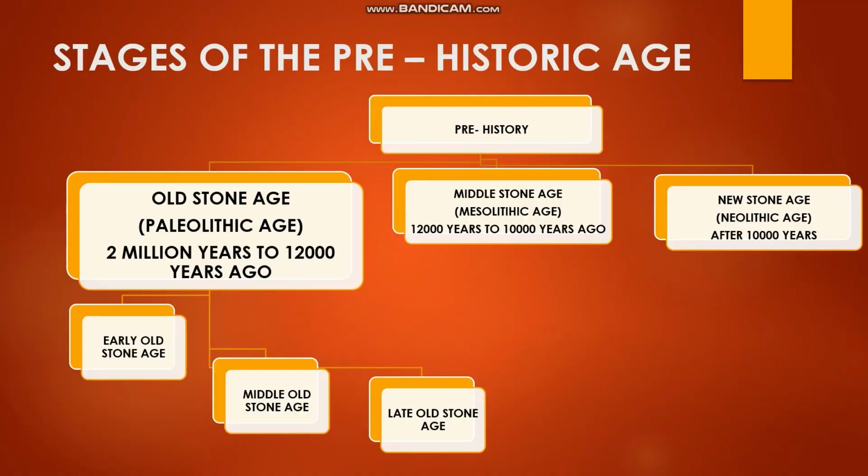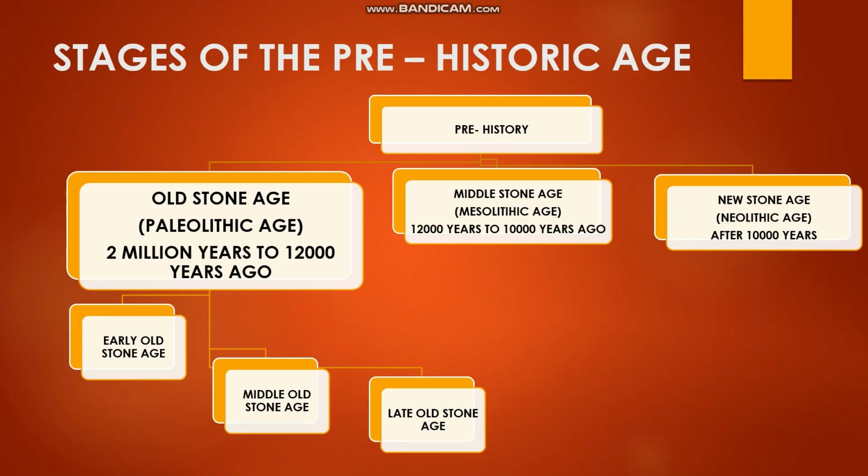The stages of prehistoric age are divided into 3, that is Old Stone Age or Paleolithic Age, Middle Stone Age or Mesolithic Age, New Stone Age or Neolithic Age. The Old Stone Age or Paleolithic Age prevailed from 2 million years to 12,000 years ago, whereas Mesolithic Age is from 12,000 years to 10,000 years ago.